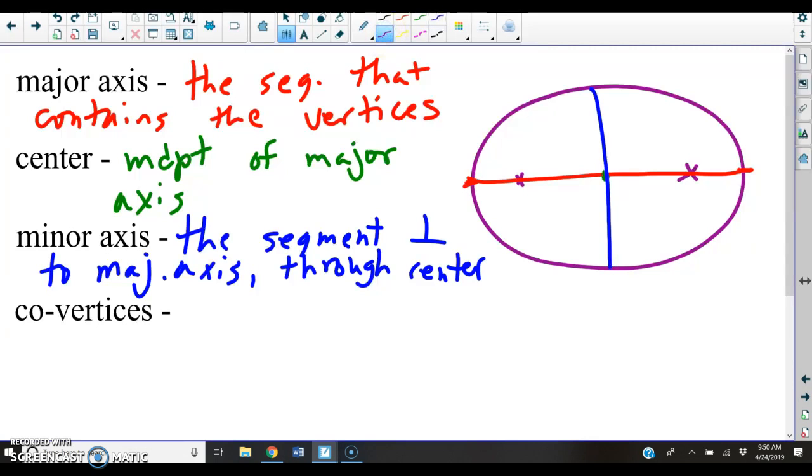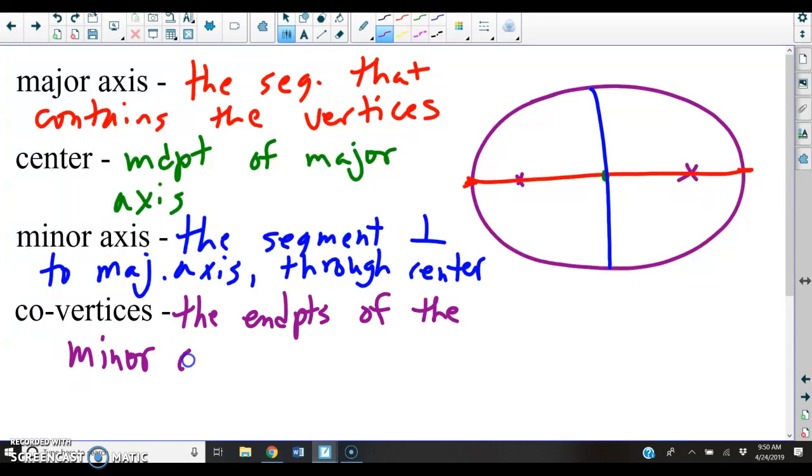The covertices are the end points of that segment of the minor axis, or where the minor axis meets the ellipse. Or you could say it's the 2 points that are closest together. So this point and this point would be covertices, where this point and this point were vertices.